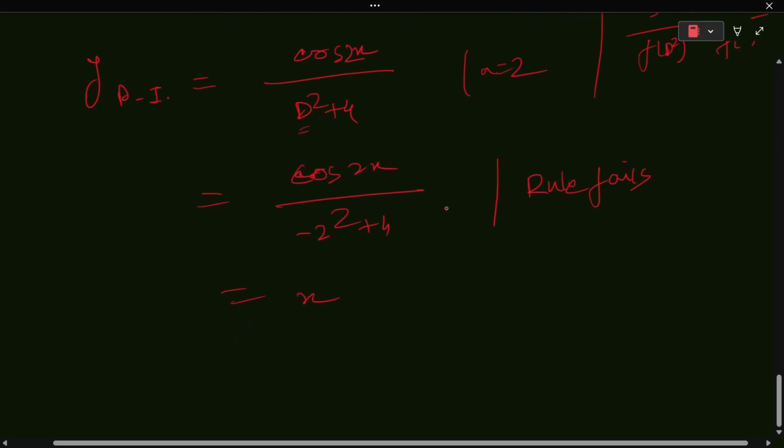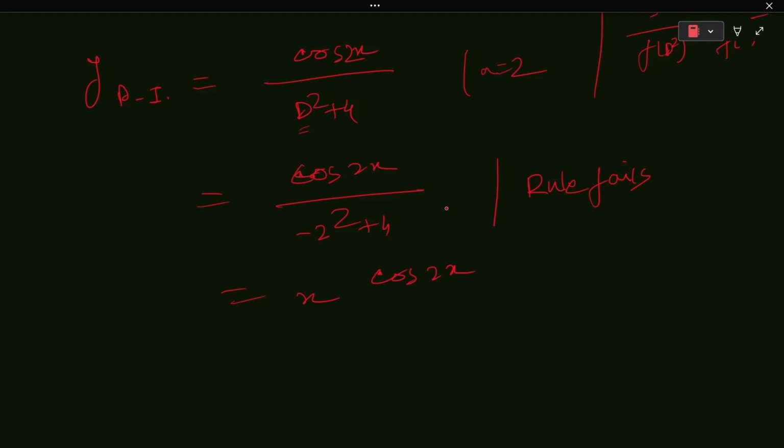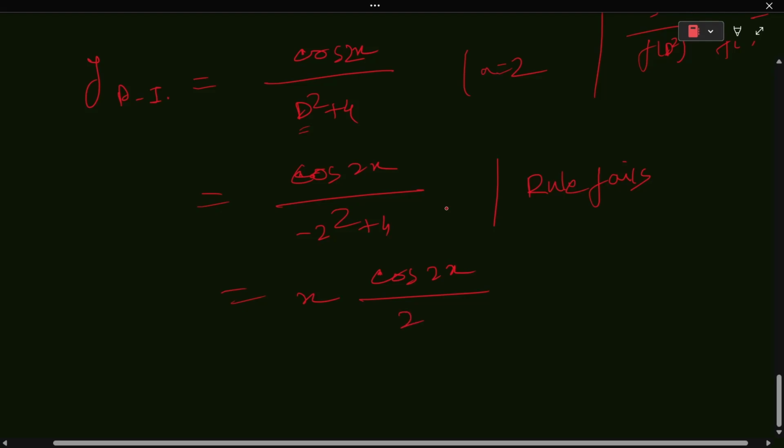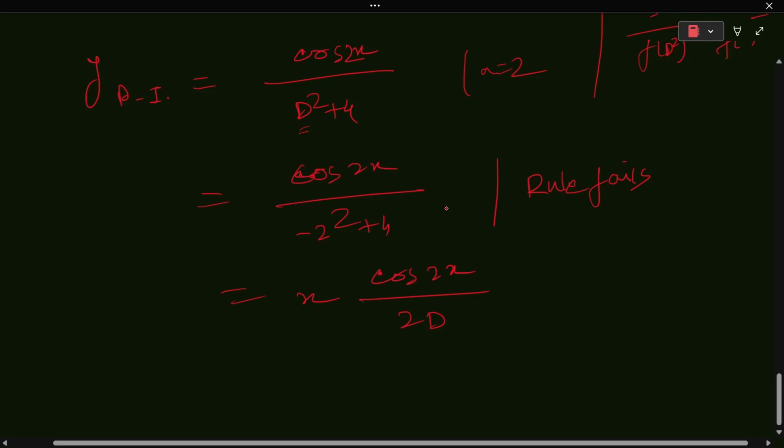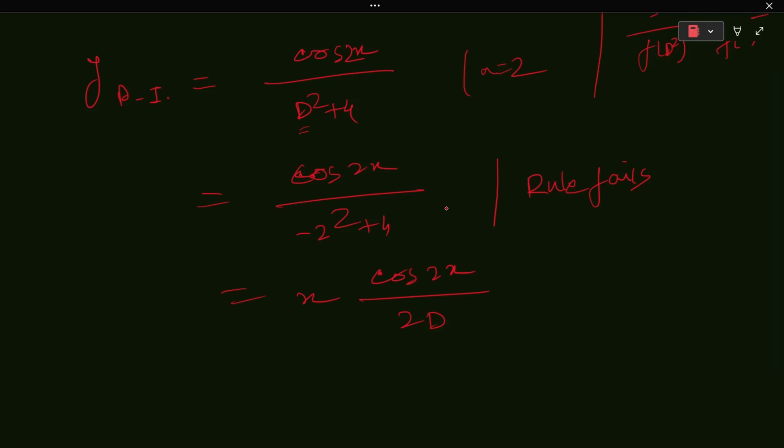So what will we have? We need to bring x here. In the numerator we have cos 2x, and in the denominator we must differentiate it. So after differentiating D square plus 4, we have simply 2D. So 2D. If we want to solve the inhomogeneous differential equation from this part, we must bring a term D square in the denominator.